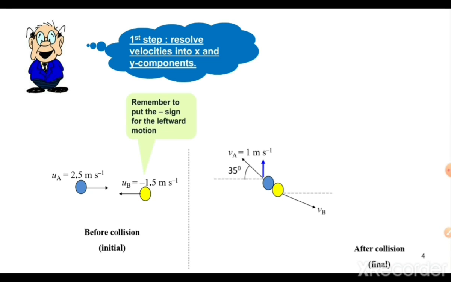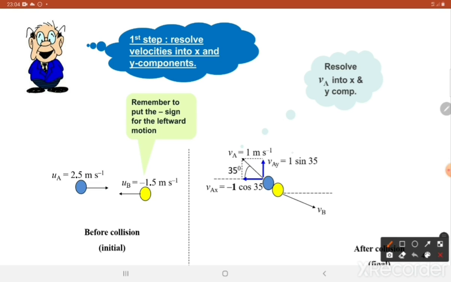So for oblique collision, the first step, we need to resolve the velocity into X and Y components. So you resolve VA into both components. For the Y component, you will get VA sine theta, which is equal to 1 sine 35 degree, while VAX is negative 1 cos theta.